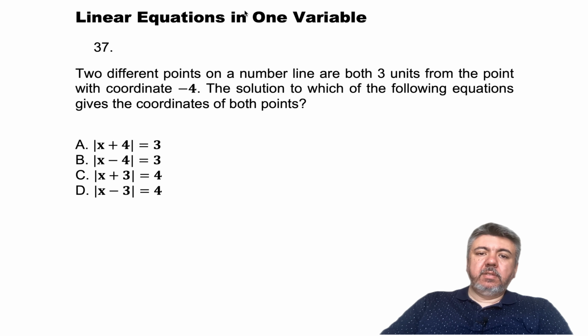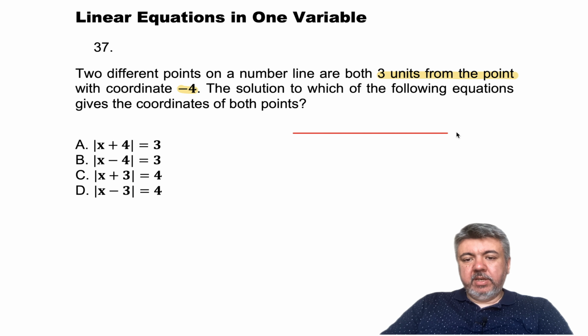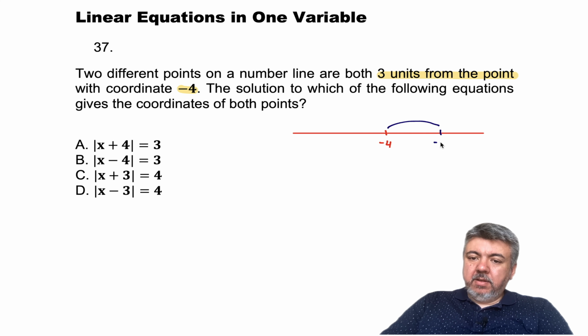Question 37. Two different points on a number line are both 3 units from the point with coordinate -4. What is the solution for these points? Let me draw the picture. We have -4. It says 3 units away, like 3 units to the right and 3 units to the left. So these two numbers should satisfy the equation.